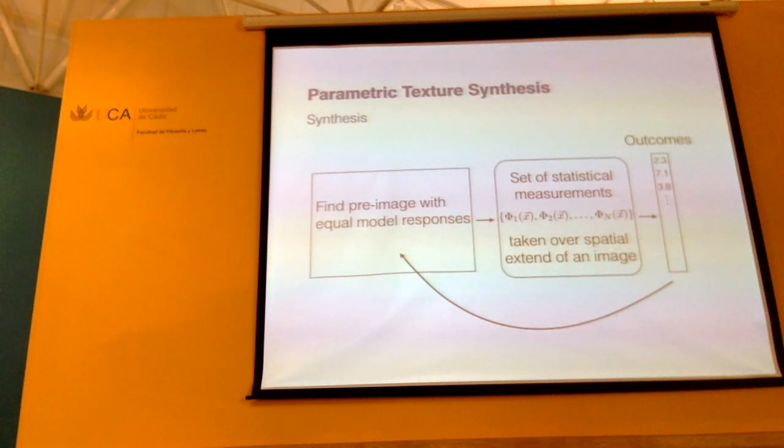We can then check whether they are also perceived by us as being similar. The better the summary statistics capture what we perceive as similar, the better our texture model is, or the closer these summary statistics are to the information represented in the brain.